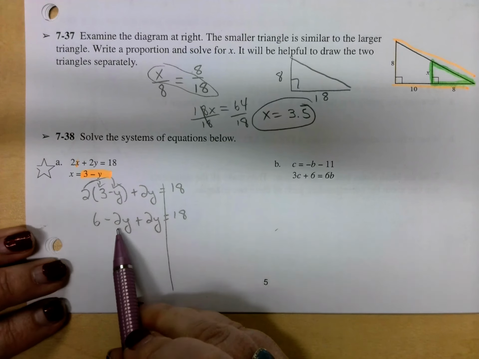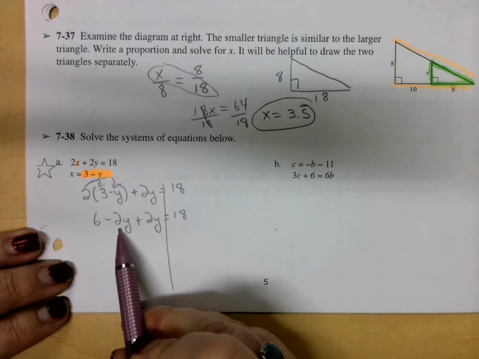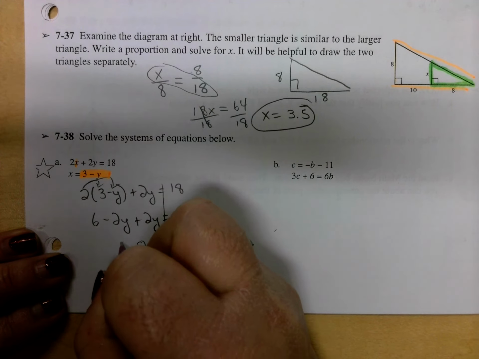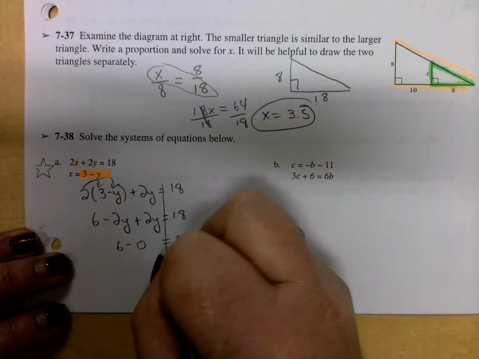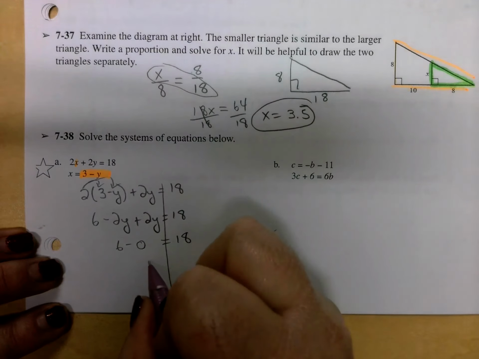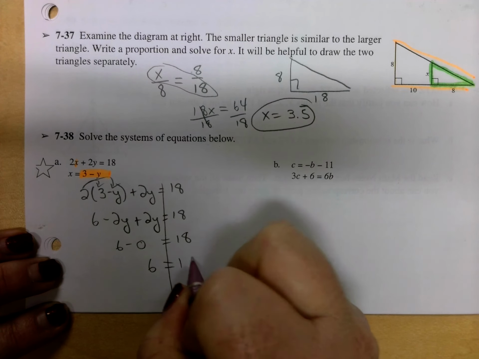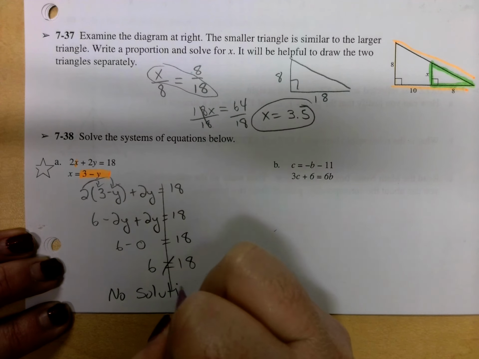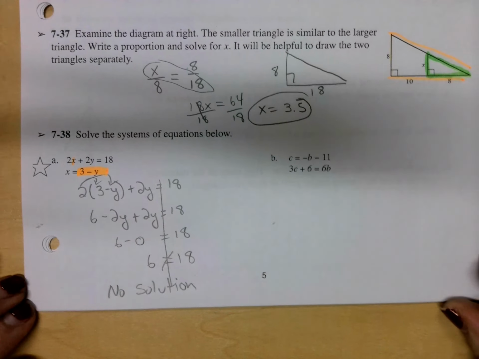I can combine like terms. Negative 2y plus 2y is 0. So then I have 6 minus 0 equals 18. 6 minus 0 is 6. 6 does not equal 18, so there is no solution for A.